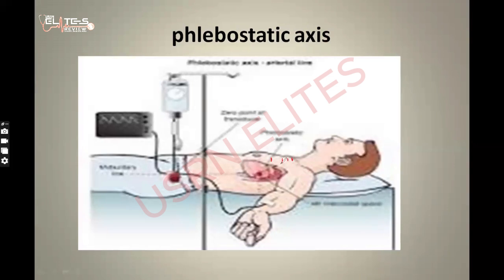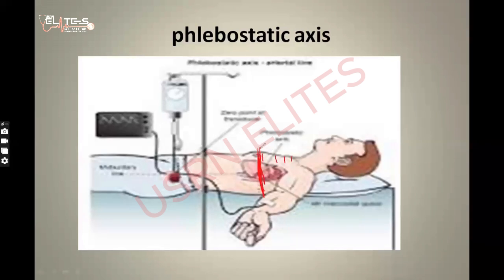Let's say this is your first, second, third, and fourth intercostal space. Let's say it falls here. So that is your line mark.